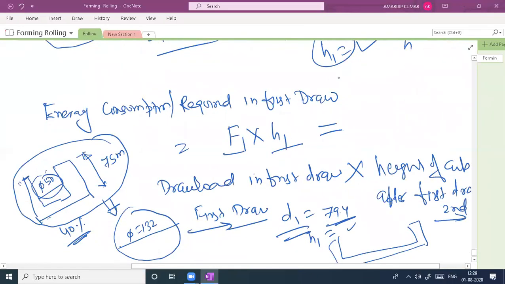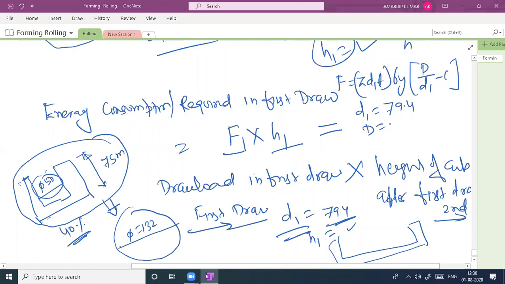And then force is equal to pi d1 t sigma y times (D over d1 minus C). Here d1 is your 79.4, D is your initial 132.28 millimeter. H1 is the height corresponding to this diameter. What is the height?